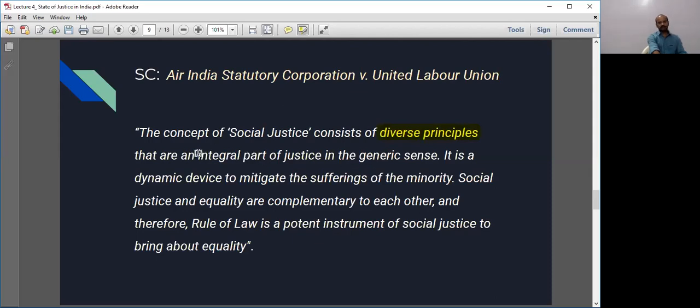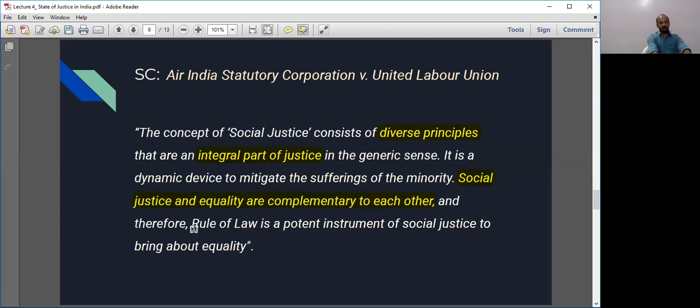It is a dynamic device to mitigate the sufferings of the minority. Social justice and equality are complementary to each other. This is something you can quote. They both go hand in hand, and therefore rule of law is a potent instrument of social justice to bring about equality.